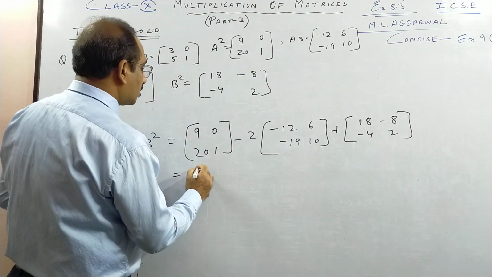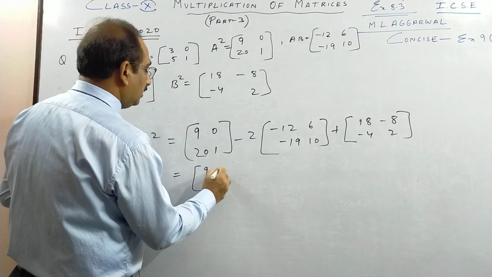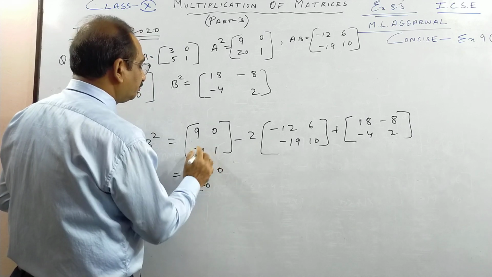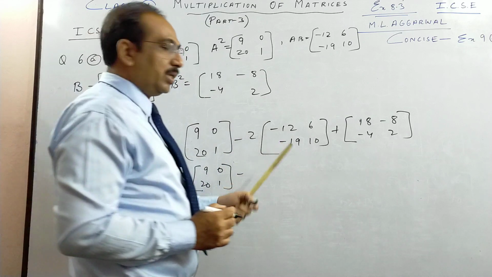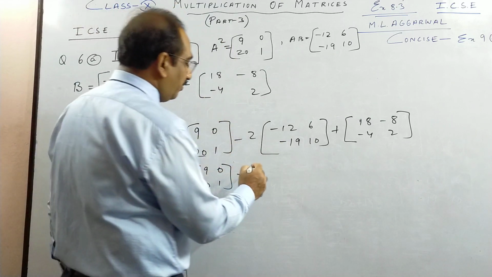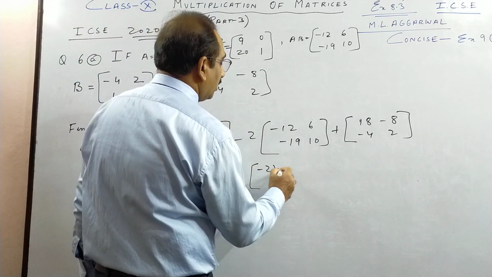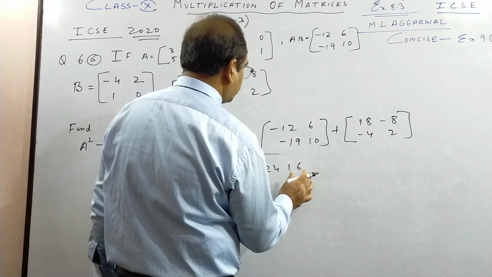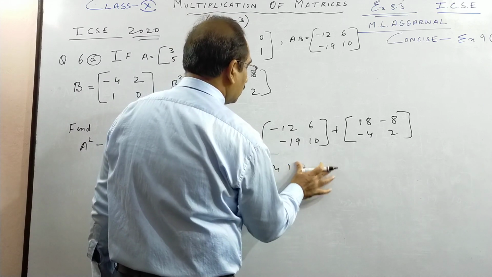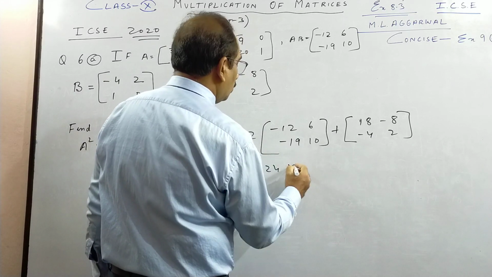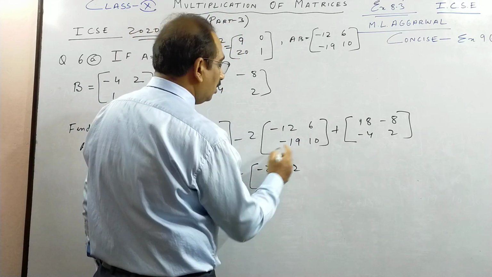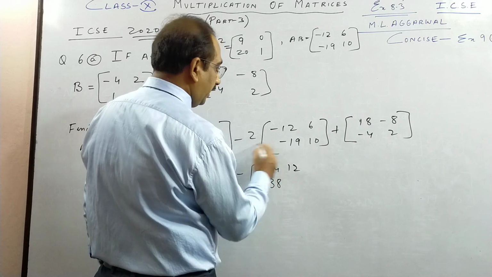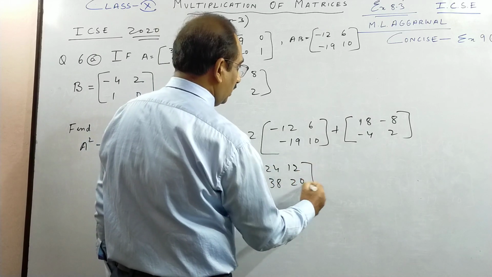Here this 2 is a scalar multiple. In part 2 of my video I have explained and done many questions on this. So this 2 goes inside. 2 into minus 12 is minus 24. This is minus 38 and this is 20.